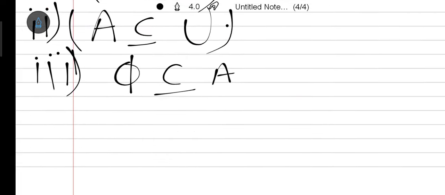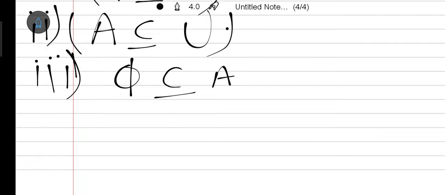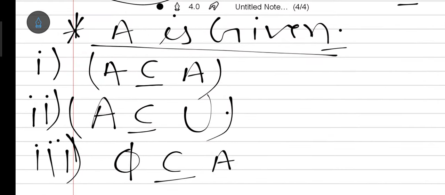So phi is a subset of every set, and every set is a subset of the universal set. You have to remember this.